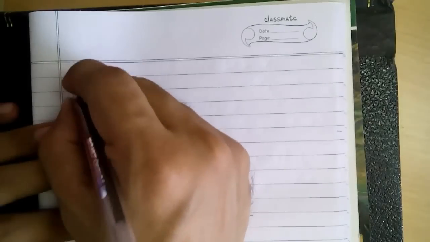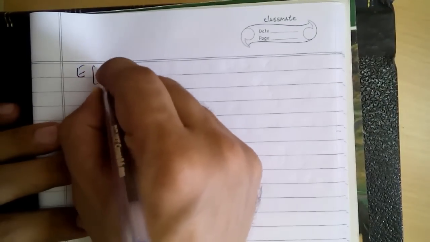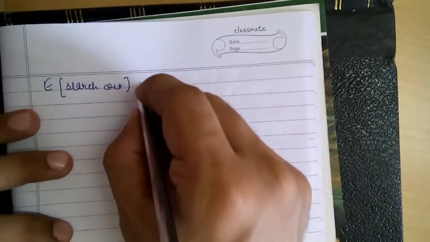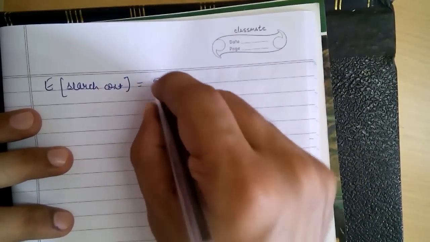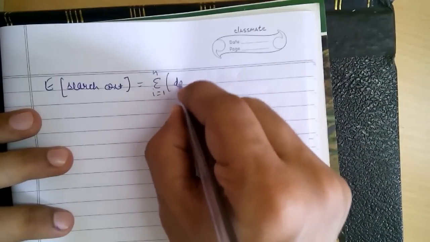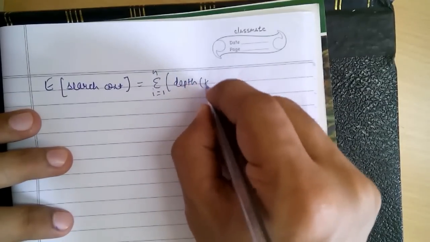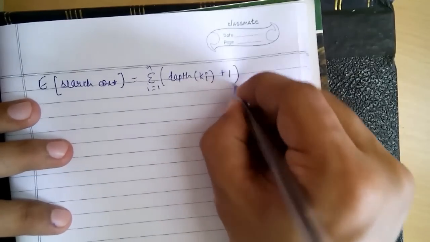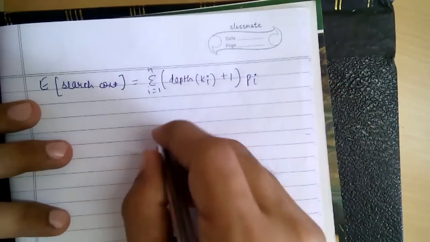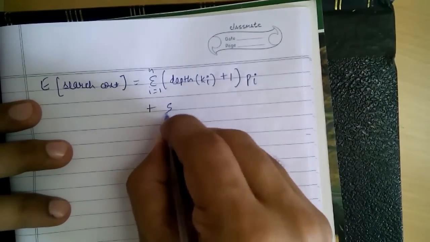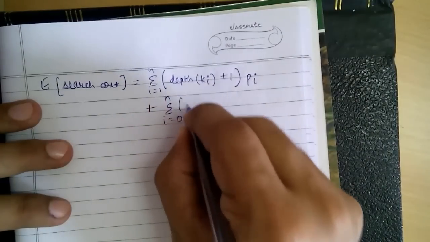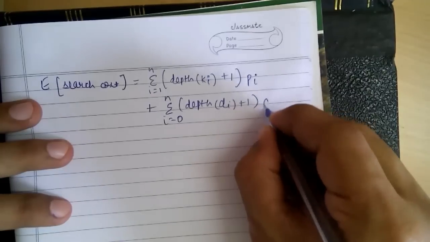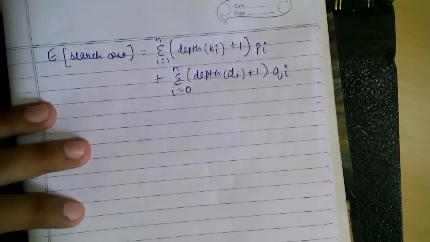So we can give the expression for this cost: sigma i equal to 1 to n of (depth of Ki plus 1) multiplied with its probability of occurring, plus the same for the dummy keys, that is (depth of Di plus 1) multiplied with the probability of the dummy keys, Qi.